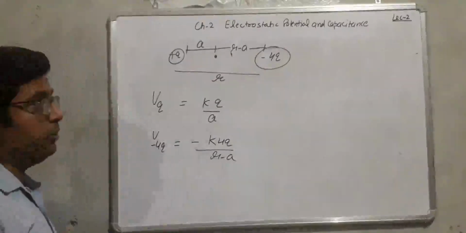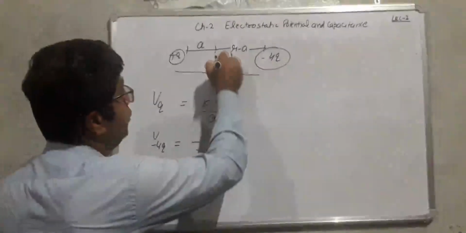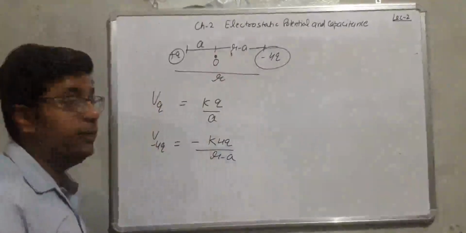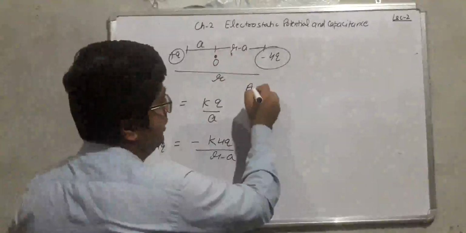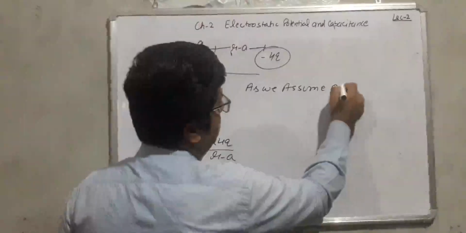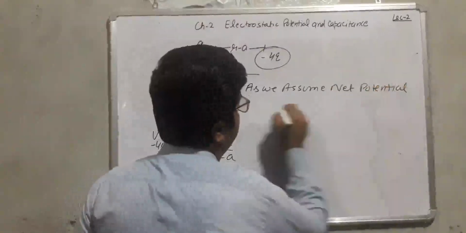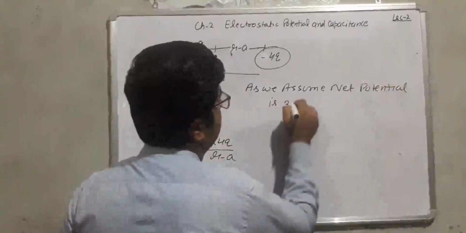This is the total potential. Now at this point O, we are assuming the net potential will be 0.